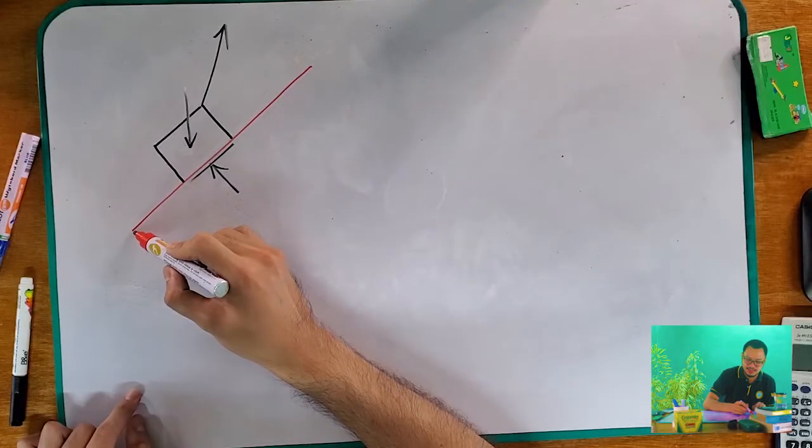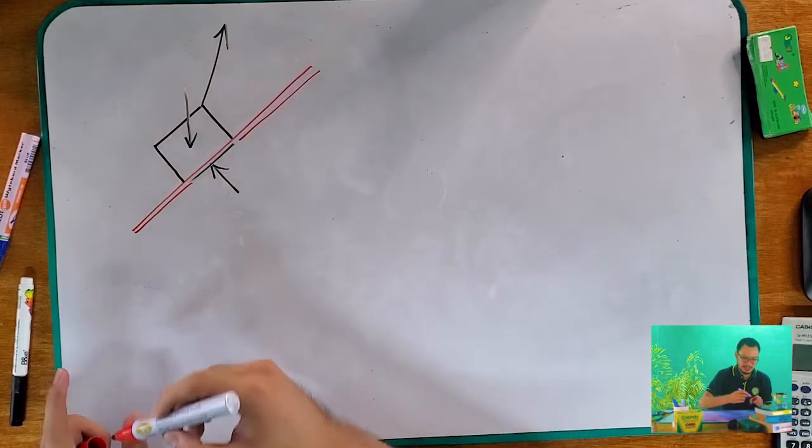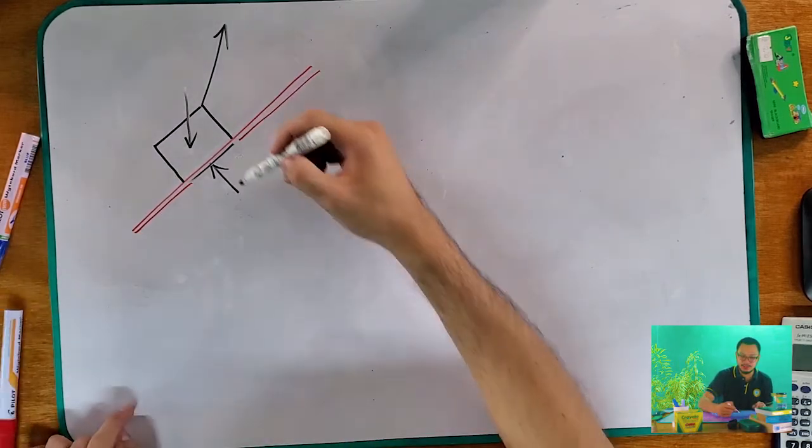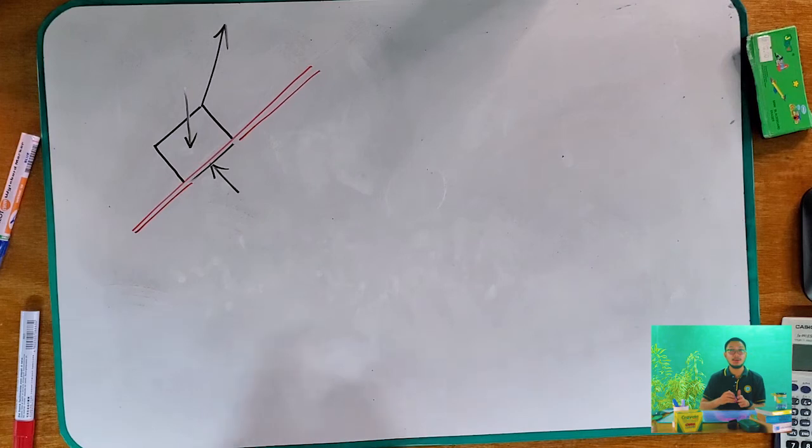It is not always going against your weight, but it will always go perpendicular sa imong surface. So this is your surface, and your normal force will always go perpendicular to that surface. Okay? So those are the three kinds of supports.